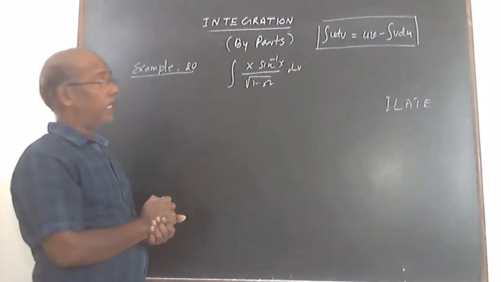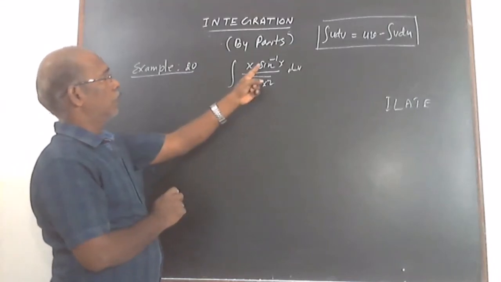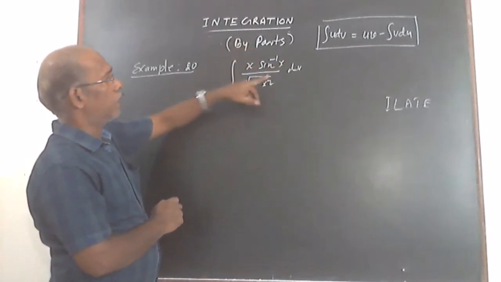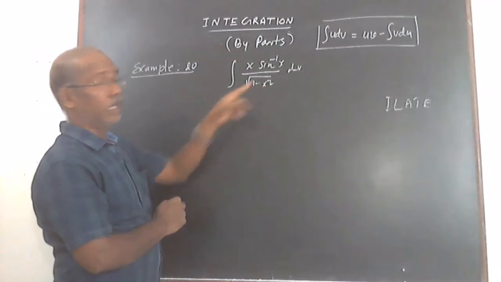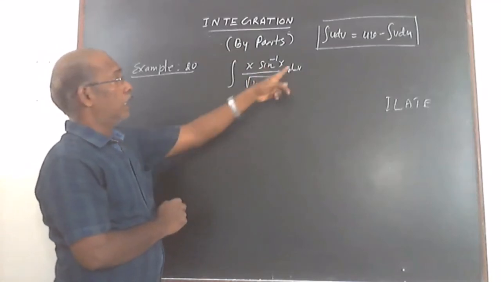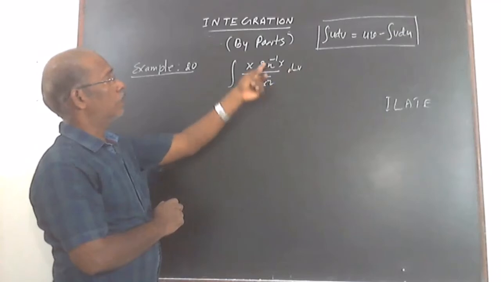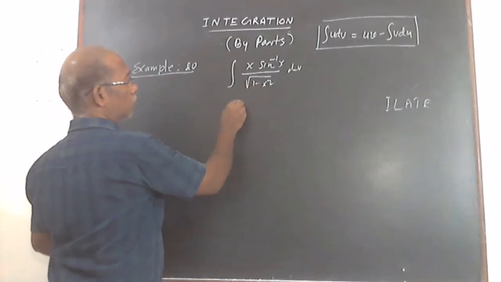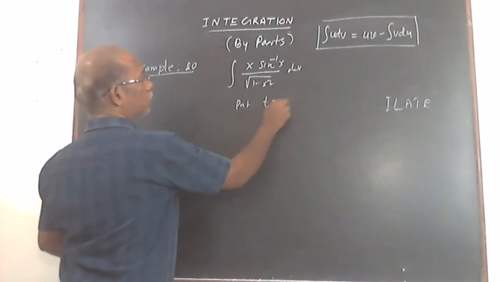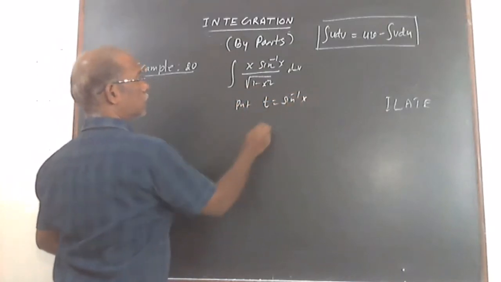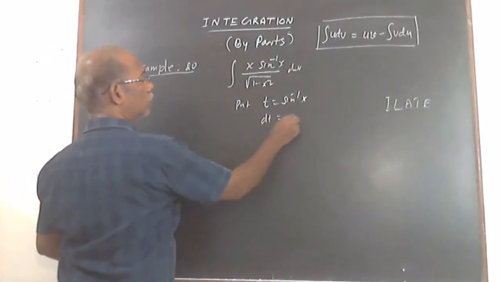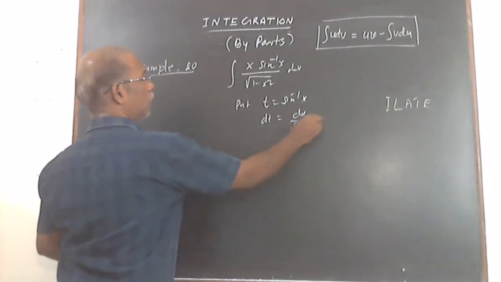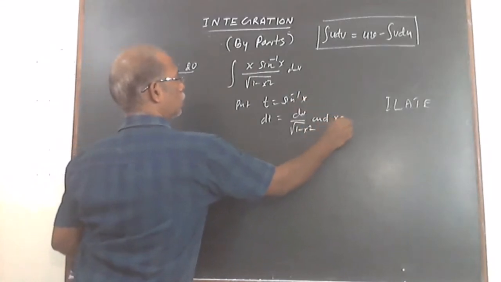So let us apply substitution for sine inverse of x. Why? Look, there is a connection between sine inverse x and root of 1 minus x square, and dx by root of 1 minus x square is the differential of sine inverse of x. So we can go by substitution. Put t equals sine inverse x, then dt equals dx by root of 1 minus x square, and x equals sin t.